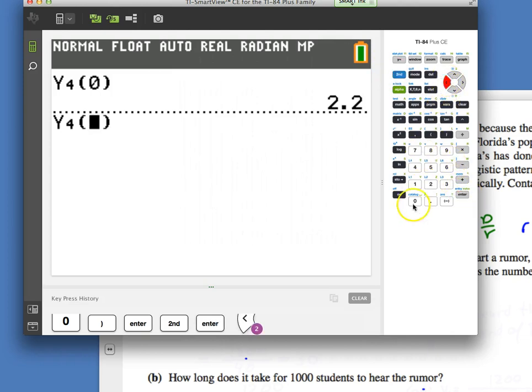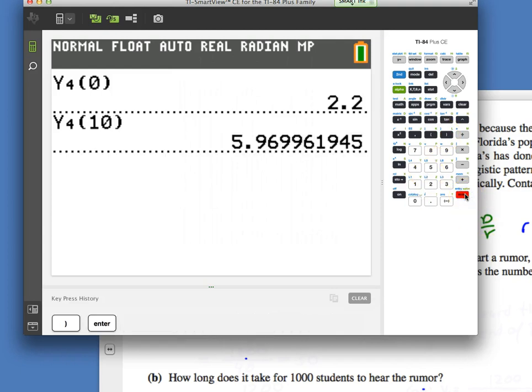And I'm going to change that 0 to 10. And it gives me my other value. It's that fast, okay? So I have my 0 and my 10. And what else? At the end of day 3 and end of day 10, I got my end of day 10, so like 6 people, and I forgot about day 3, so I'm going to pop in and put that 3 in there now.